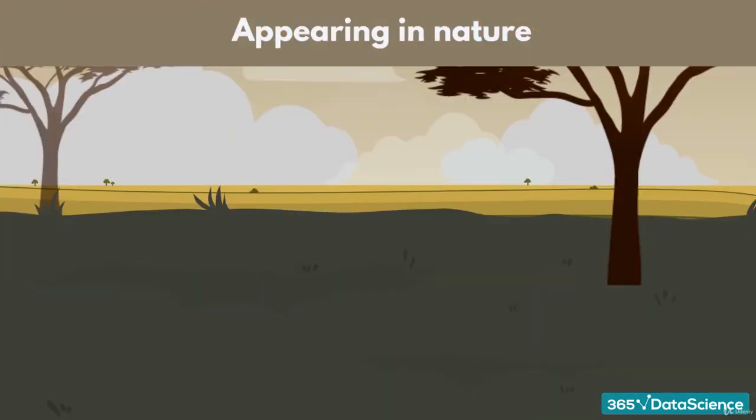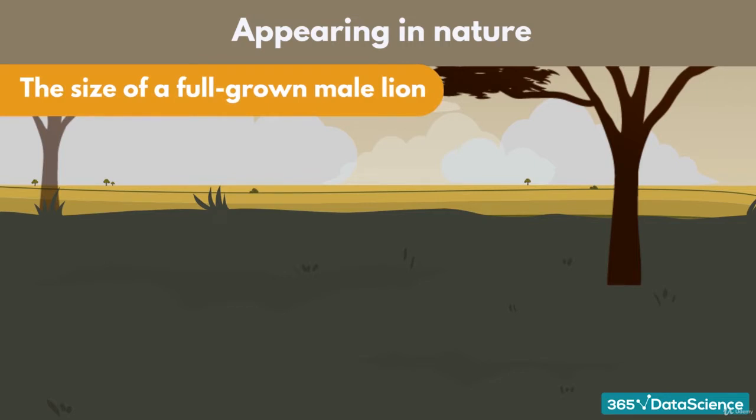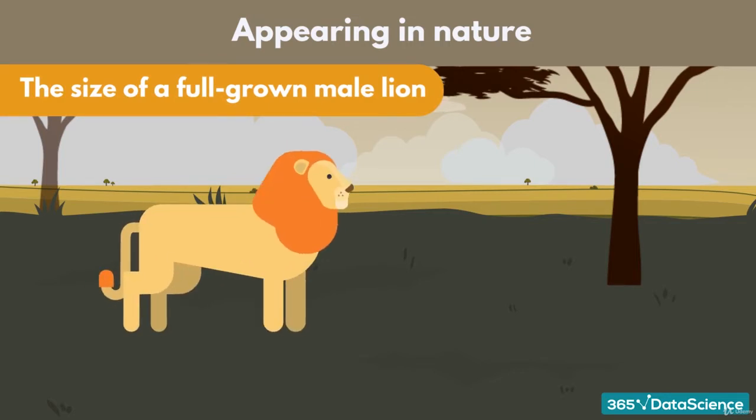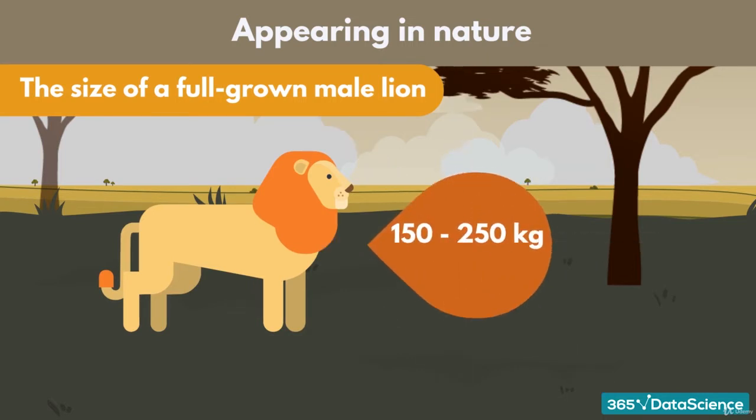The normal distribution frequently appears in nature, as well as in life, in various shapes and forms. For example, the size of a fully grown male lion follows a normal distribution. Many records suggest that the average lion weighs between 150 and 250 kilograms, or 330 to 550 pounds.